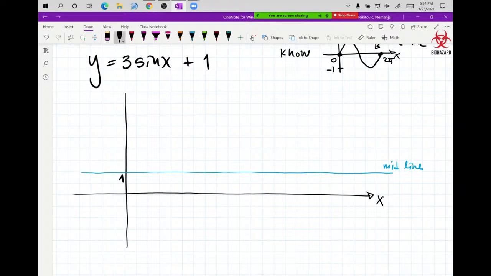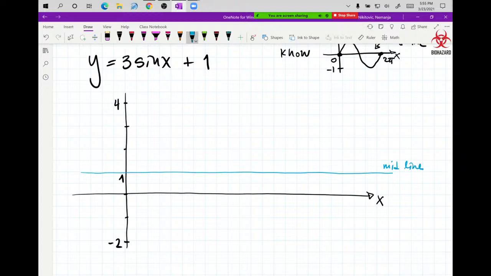Now, amplitude is the distance from the midline to the maximum, and then from the midline to the minimum. So I'm going to count 3 units up: 1, 2, 3 units up, that's at 4. And then 1, 2, 3 units down at -2.